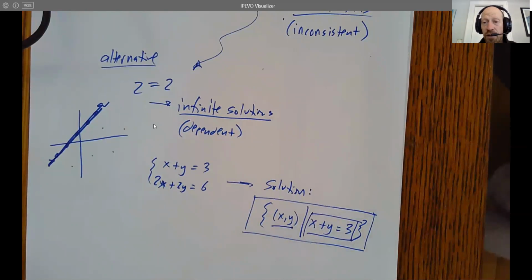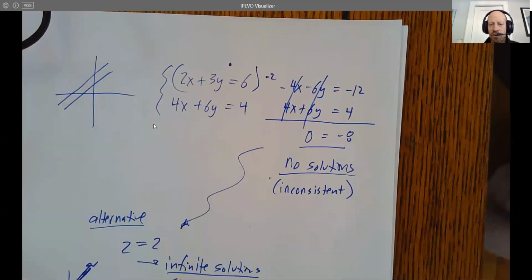So the majority of the problems, I mean, it wouldn't have to be, but the majority of the problems just have one solution. There are two lines and they just happen to cross somewhere, and you want to figure out where they cross. And we do that algebraically with the elimination method or the substitution method. But there are a fair number that fall into these special categories.